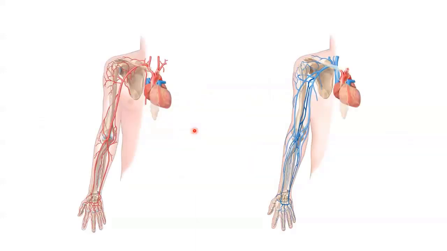Finally, the blood vessels that supply and drain the upper arm are nice and straightforward. So the region of the body between the neck and the upper arm is called the axillary region. So this is kind of this region here where you find your armpit. And then the region between your shoulder and your elbow, so this part here, is called your brachial region.